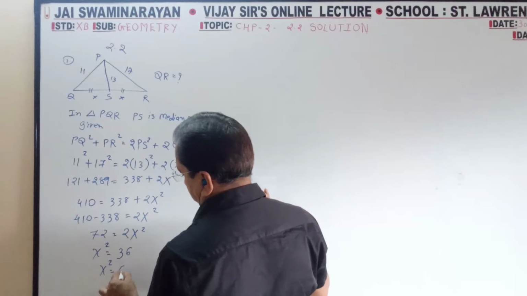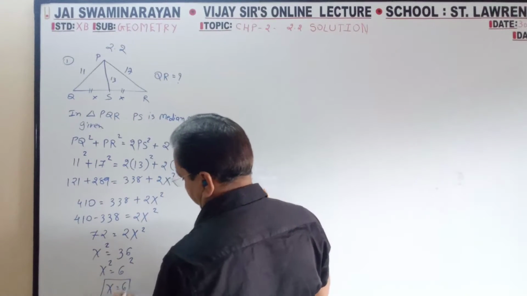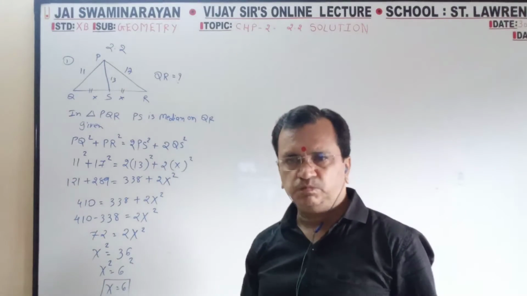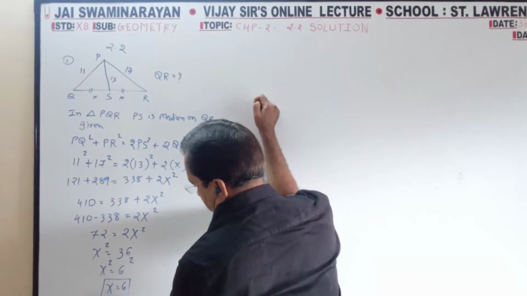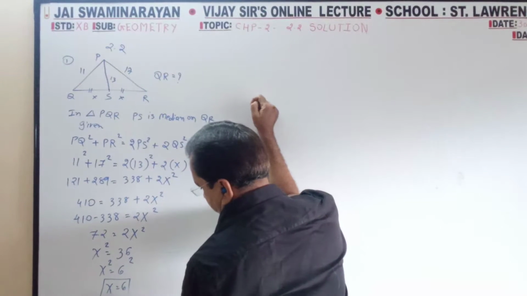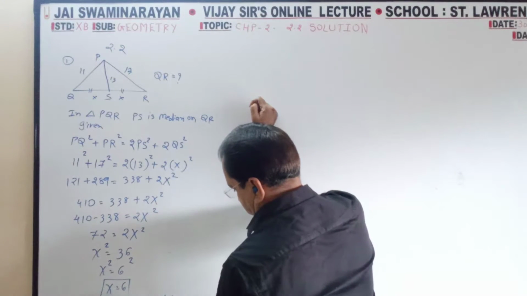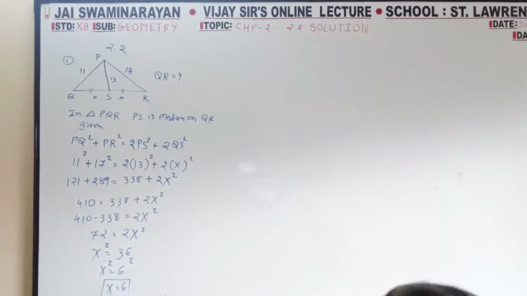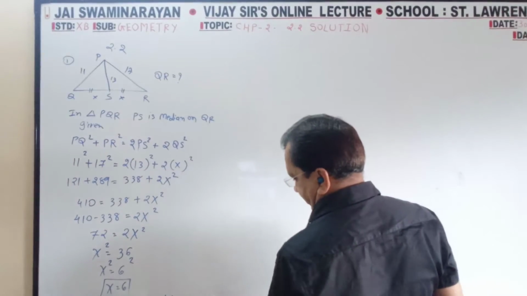So x square is equal to 6 square. x is equal to plus or minus 6, but we will take only plus because it is a distance. But we want QR, QR is 2x, 2 times 6, 12. Centimeter is not given, sorry, so you will write only the unit.